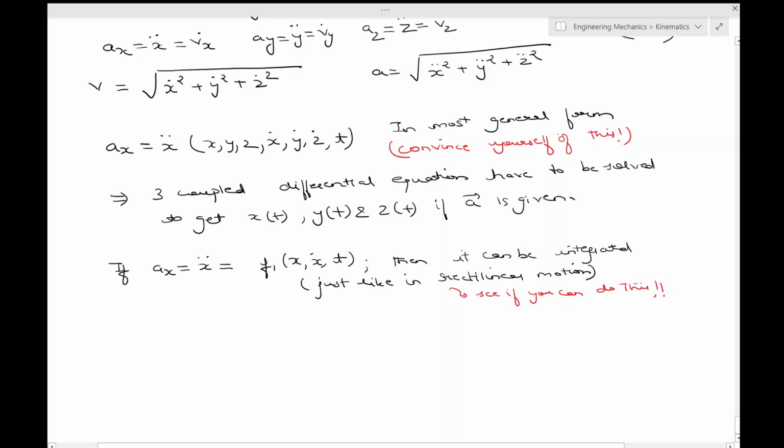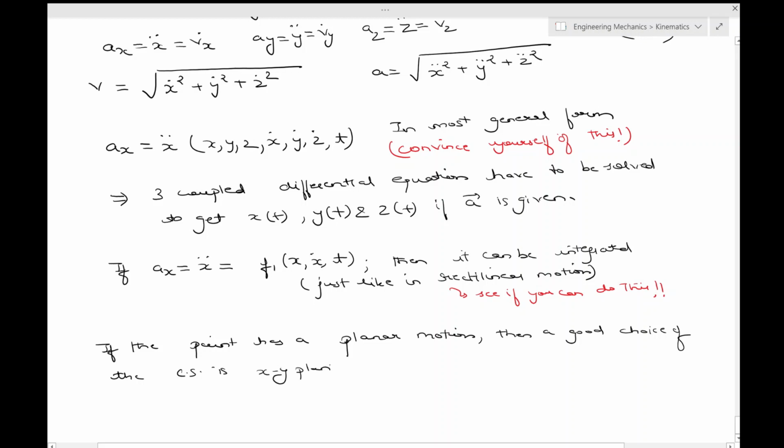So if the point has a planar motion, then a good choice of the coordinate system is xy plane is the plane of motion.